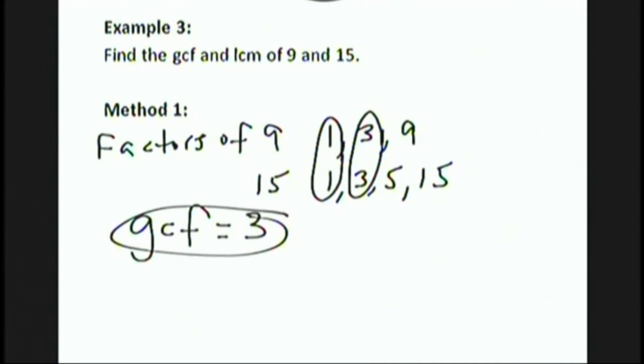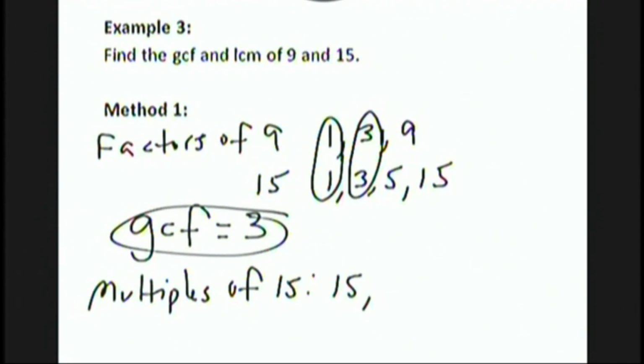Now for the least common multiple, I'm going to start writing the multiples of 15, and I'm going to continue writing the multiples of 15 until I find a multiple of 9. 45 is the first multiple of 15 that's also a multiple of 9.